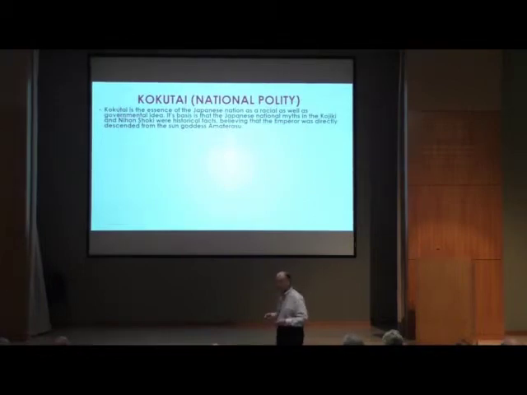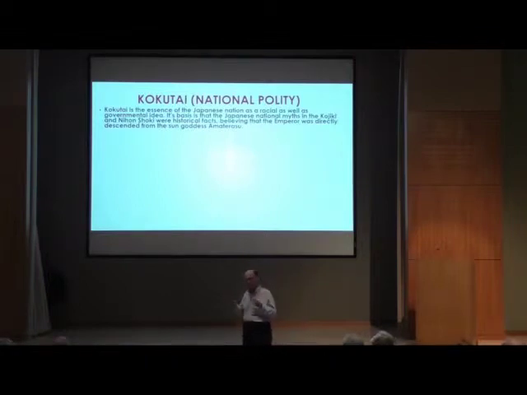All right, we'll first talk about kokutai, that is national polity. Kokutai is interpreted in two different ways in Japan after the Meiji Restoration. The first way is that the Japanese nation is a racial as well as a typical state type of entity. So the Japanese are in a unique position because they are ruled by a divine being.